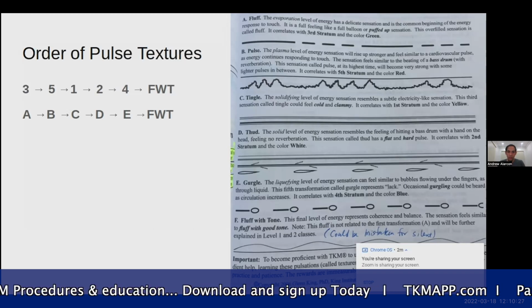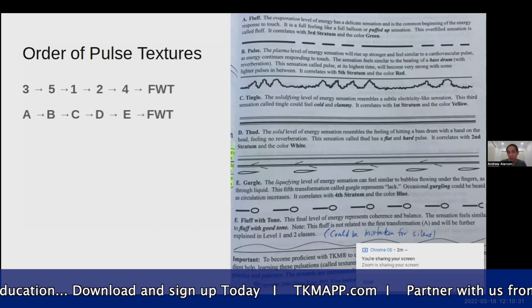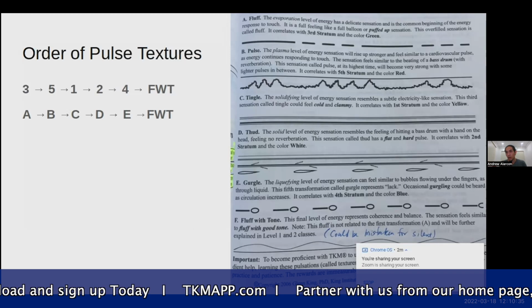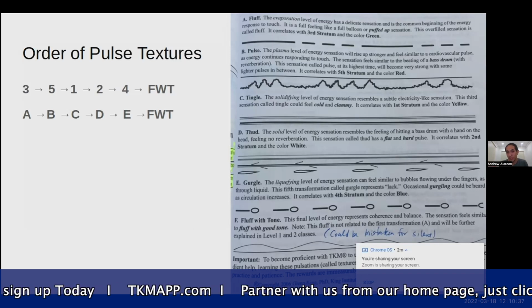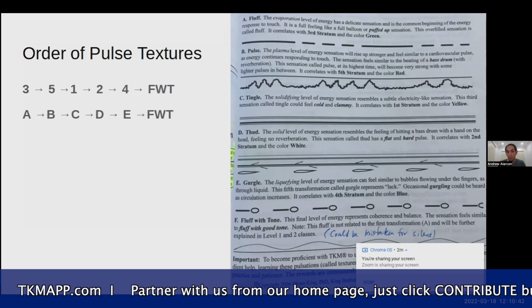So it's often difficult to describe what you're feeling in words so that other people can really see the same picture of what you're feeling, if you know what I mean.